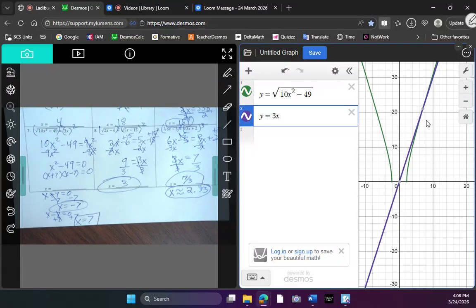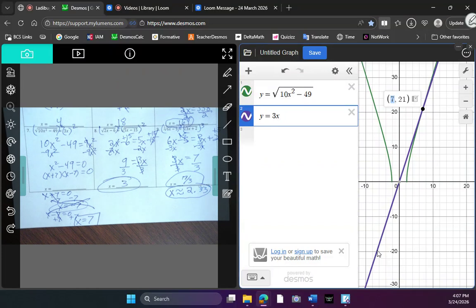Remember that the intersection is what we're looking for. We only have a +7 intersection. Down here at -7, let's see. There is no intersection right here where my cursor is. So the -7 is something called an extraneous root.